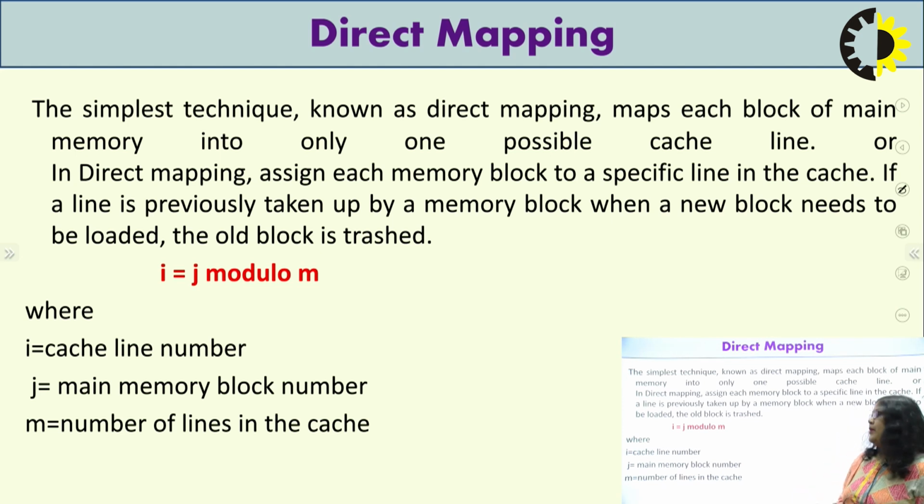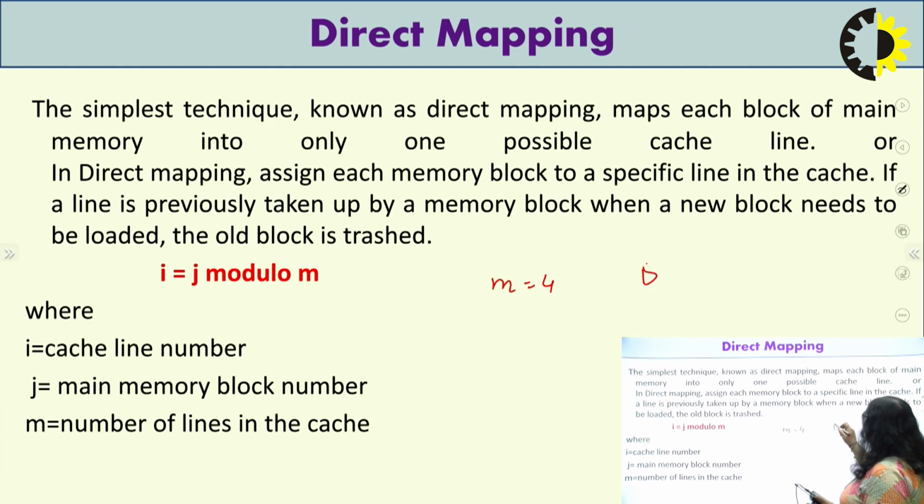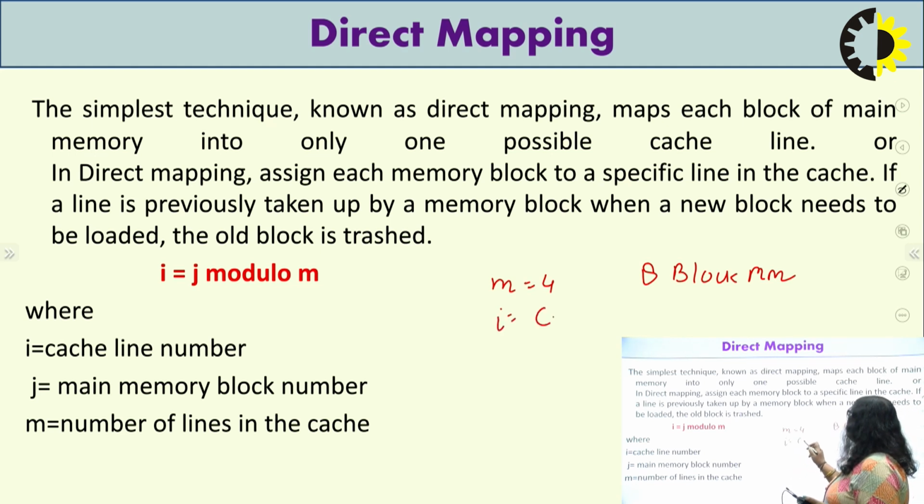For example, if the value of m equals 4, that means we have 4 lines in the cache, and we have 8 blocks in main memory. Which block of main memory transfers to which line of cache? Let the value of j be 0.